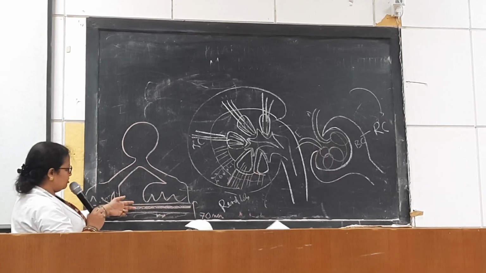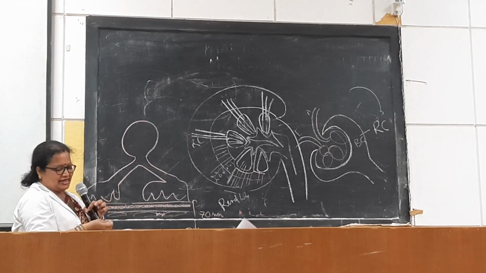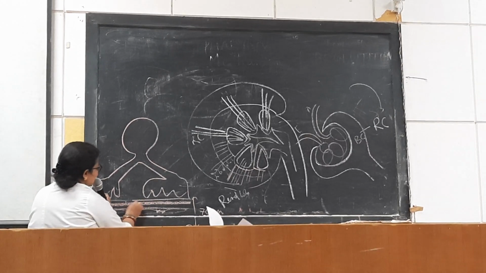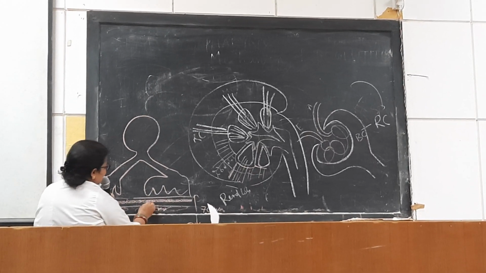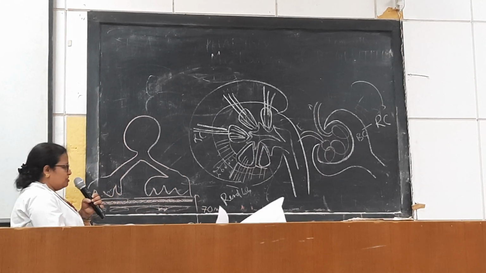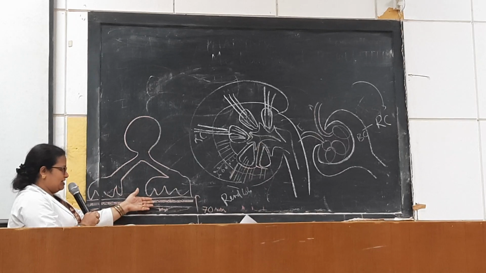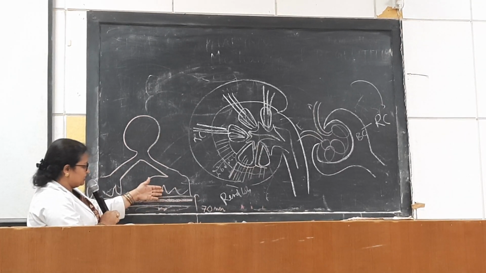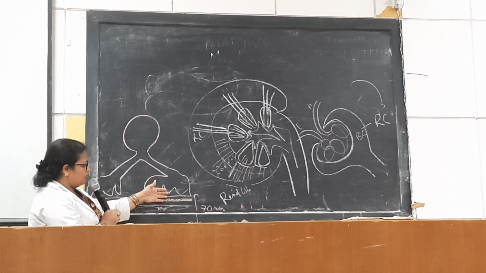Then comes the glomerular basement membrane. It has an electron dense layer in the middle and an electron lucent layer on both sides. So the electron dense layer in the middle is sandwiched between the electron lucent layers on both sides.